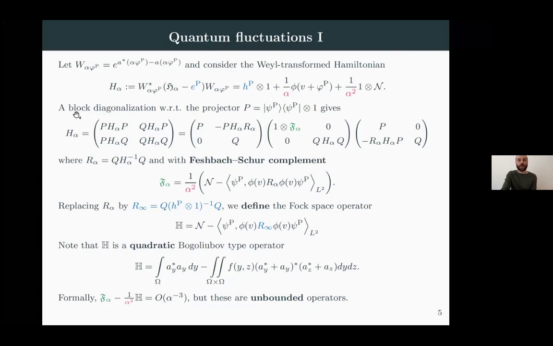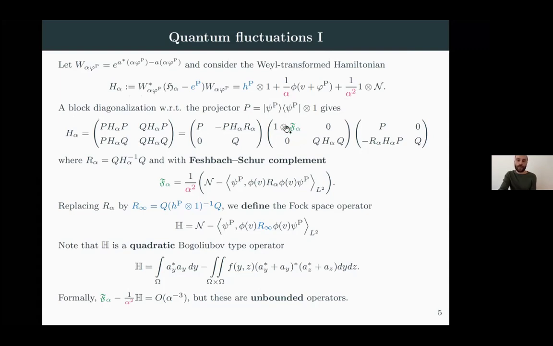Now, one way to introduce the quantum fluctuations is to consider a block diagonalization of this operator H_alpha. And if you assume for a moment that everything is well defined here, then this block diagonalization with respect to the operators P and Q that are introduced here is simply an algebraic identity.